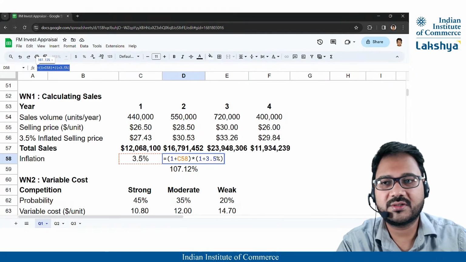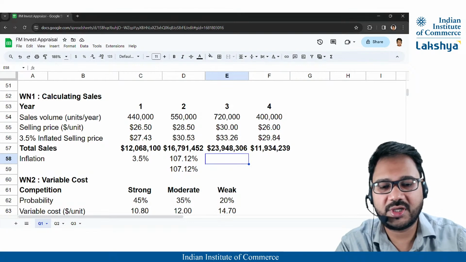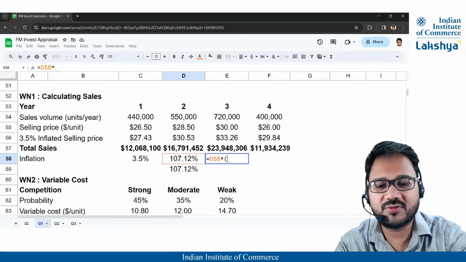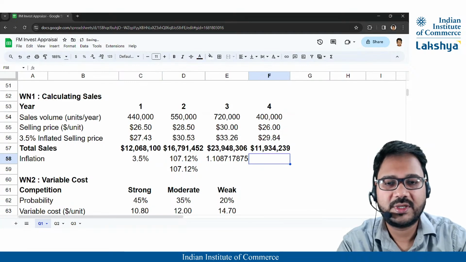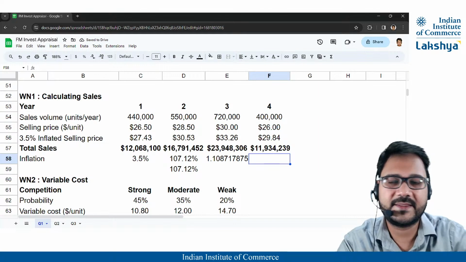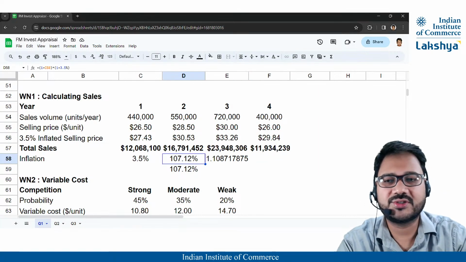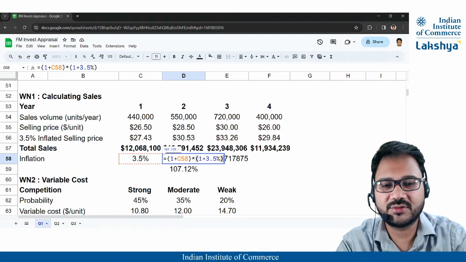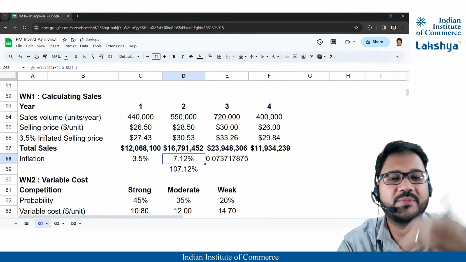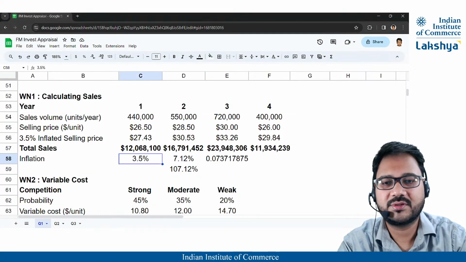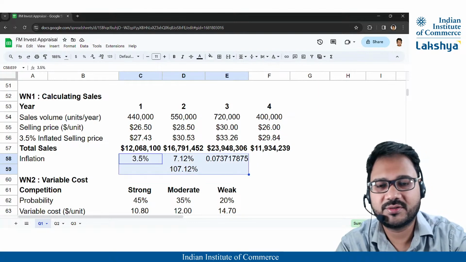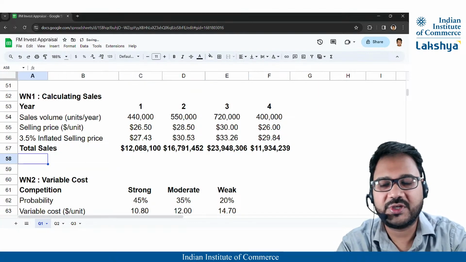So it's literally this, or I could just take this into 1 plus 5%, and so on and so forth. That is how it is growing. I can just do minus 1 to get the actual, to 7.12%. It's raised by 7.12%. Okay, so this is how inflation is done.